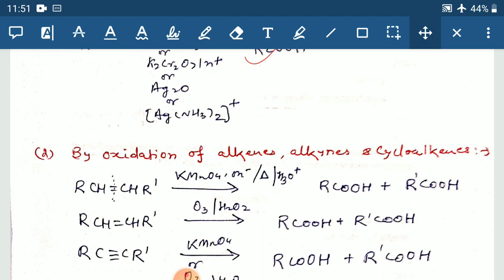But if it is unsymmetrical, then mixture of carboxylic acid will be formed. We can use various oxidizing agents like ozone in the presence of hydrogen peroxide or potassium permanganate, and after heating we will get this carboxylic acid.